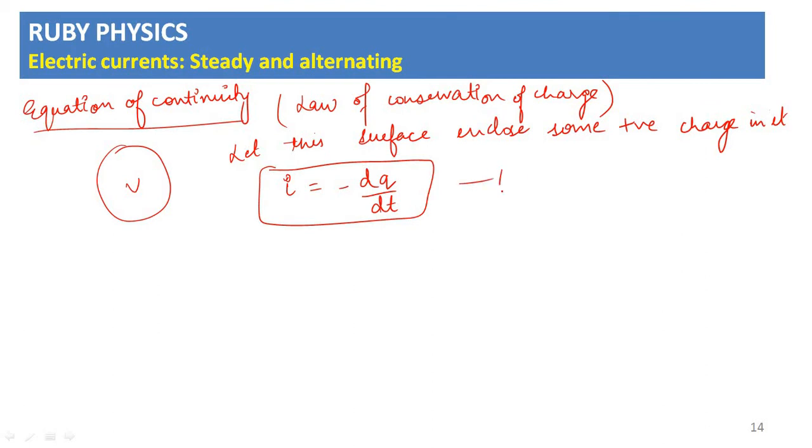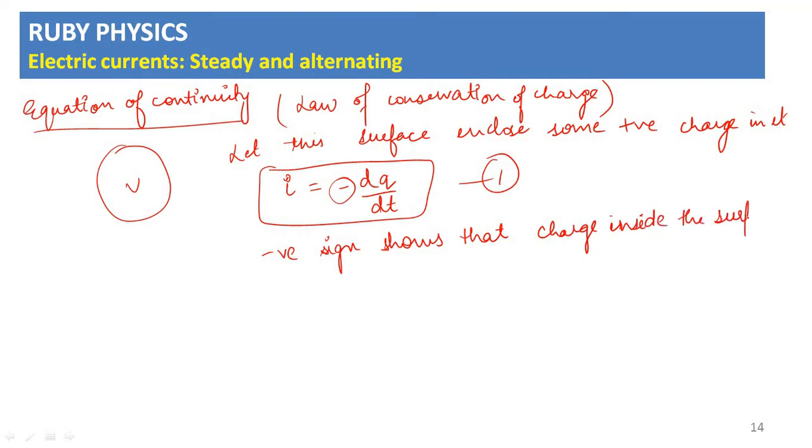From this relation we can see that there is a negative sign, and this negative sign shows that the charge inside the surface is decreasing due to the current flowing out of it.